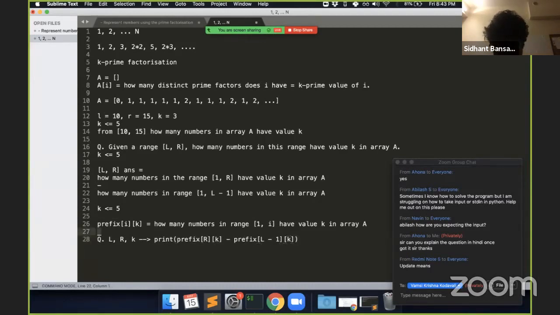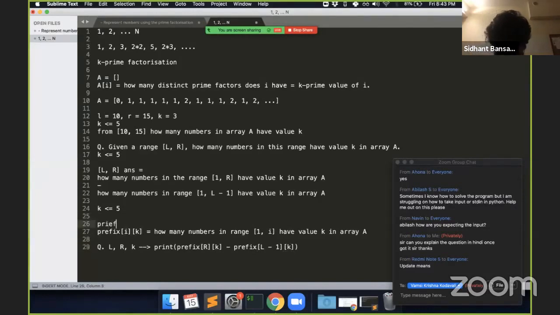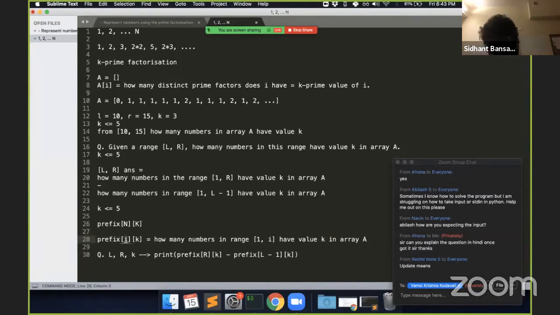Given a 2D prefix array defined like this, such that prefix[i][k] is how many numbers in the range 1 to i have value k in array A, your answer is pretty simple. For L, R, k, just print out this thing.